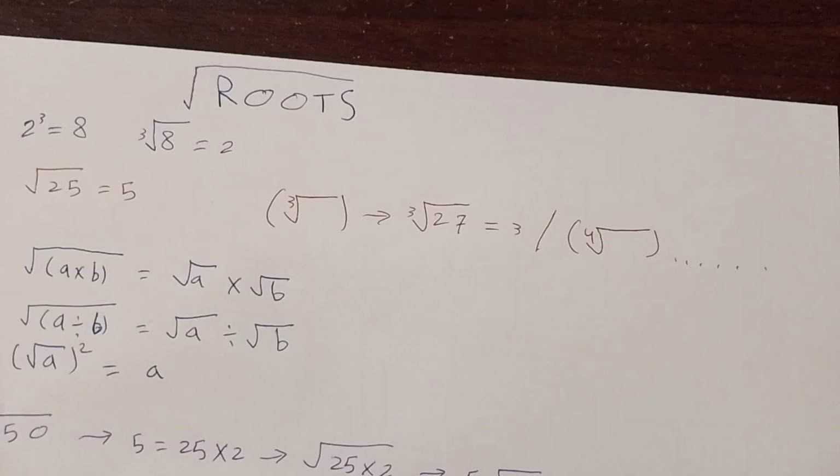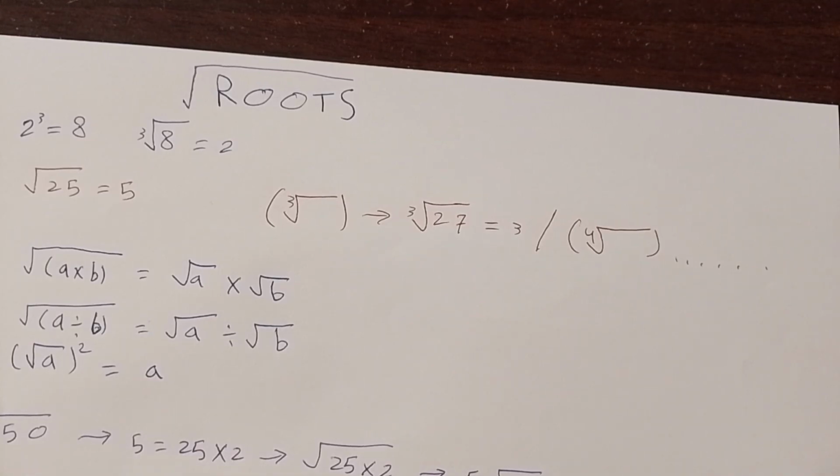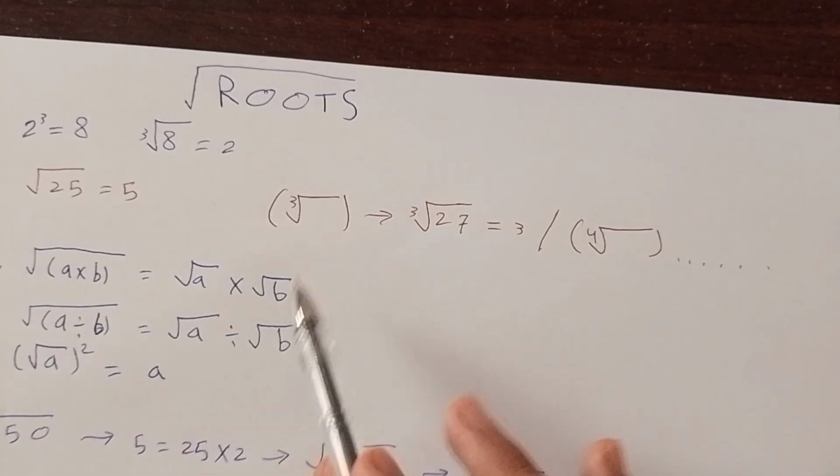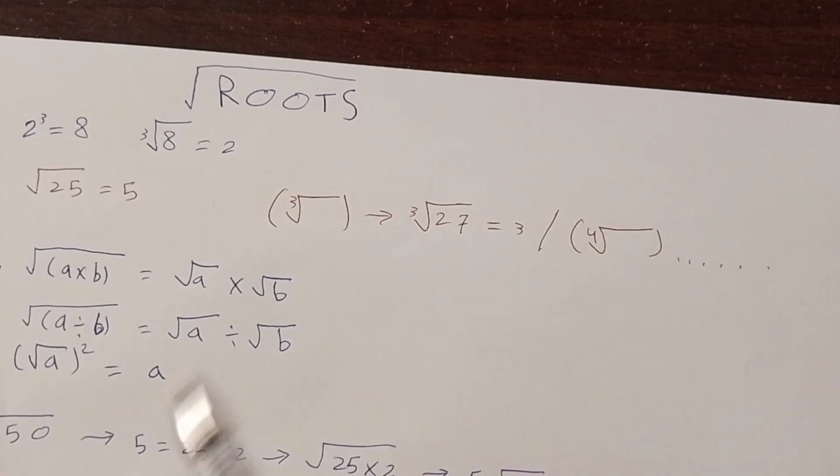So we have different types of roots, as we have different types of exponents and powers. We have the square root, the cube root, the fourth root, and so on.